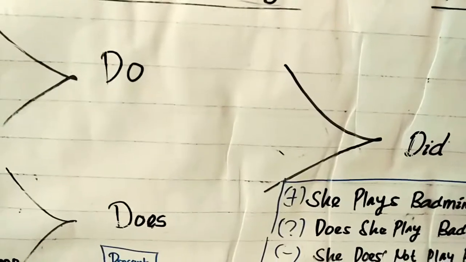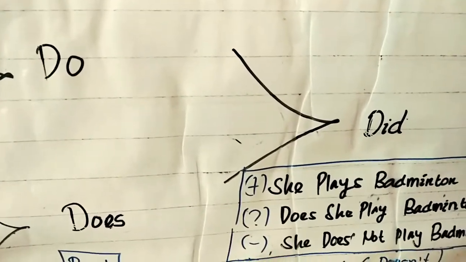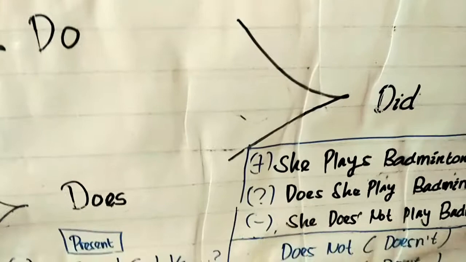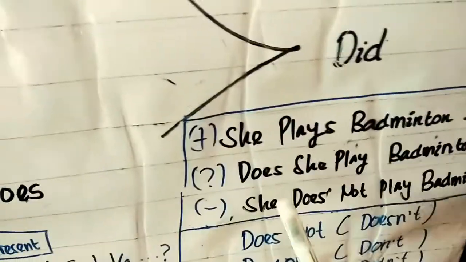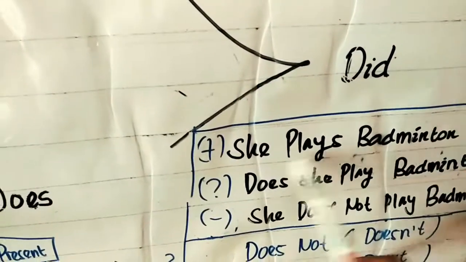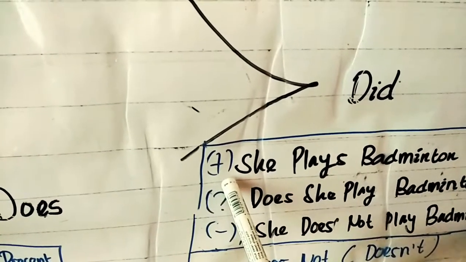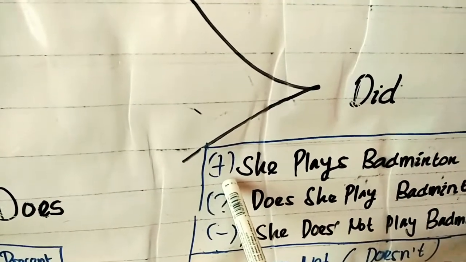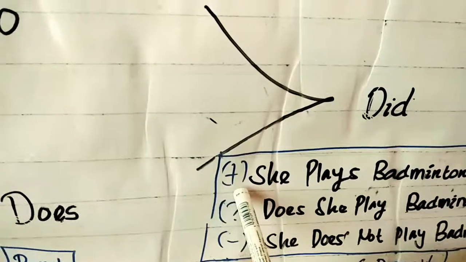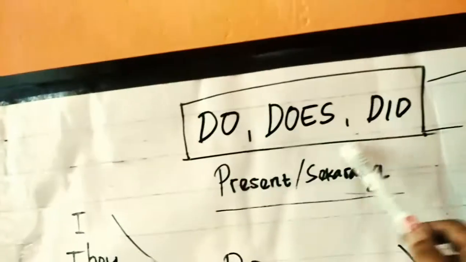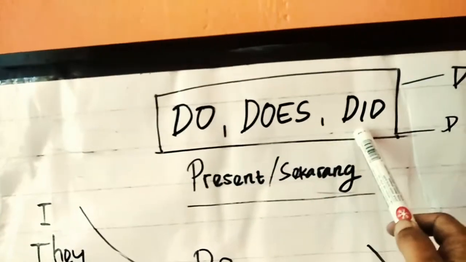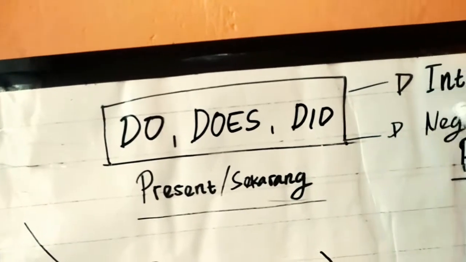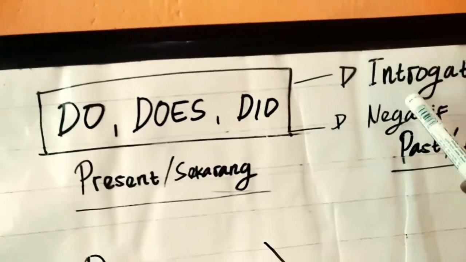And then take a look at the example. The example you can see here: She plays badminton. You can see the sign, it's a positive sentence. And then remember, do, does, and did are only used for interrogative and negative.